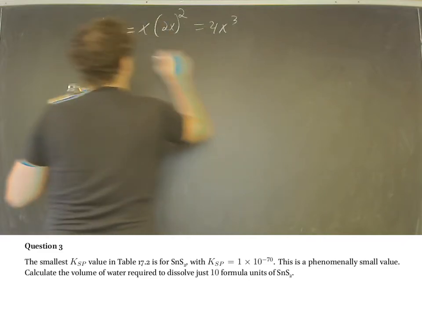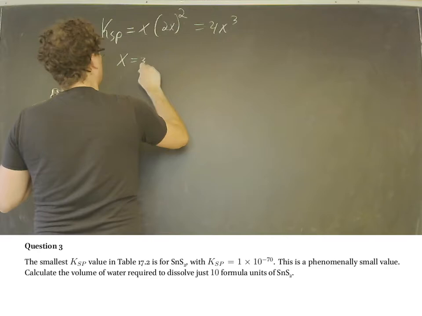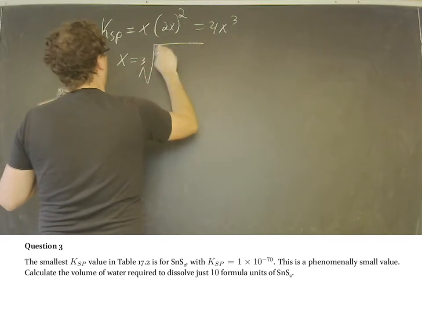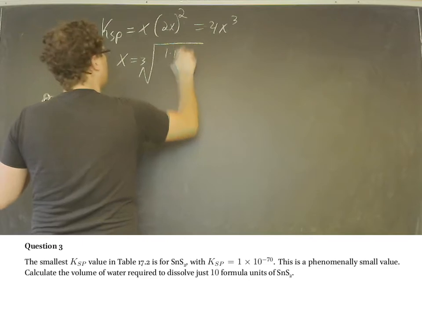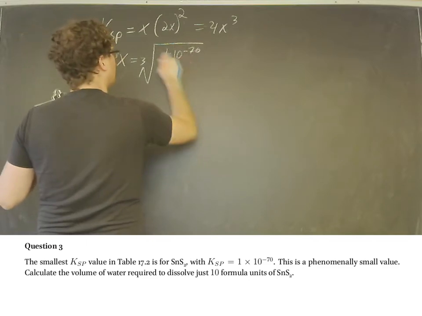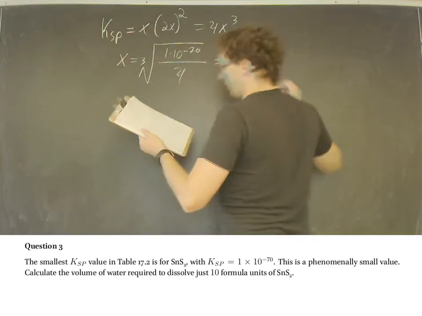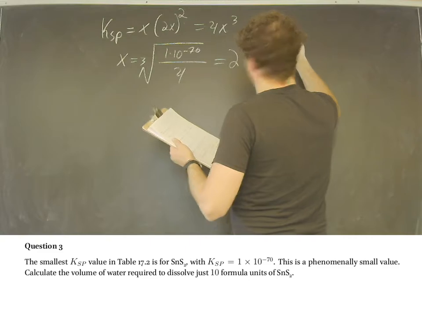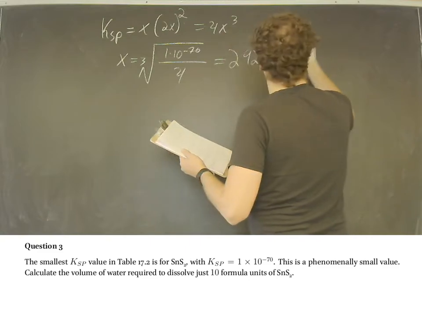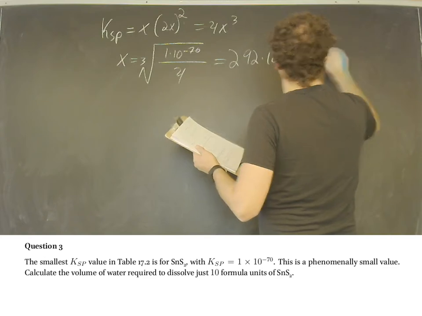And so x is going to equal the cube root of our KSP, which is 1 times 10 to the negative 70th, divided by 4. And what do we get? 2.92 times 10 to the negative 24th molar. And that's moles per liter.